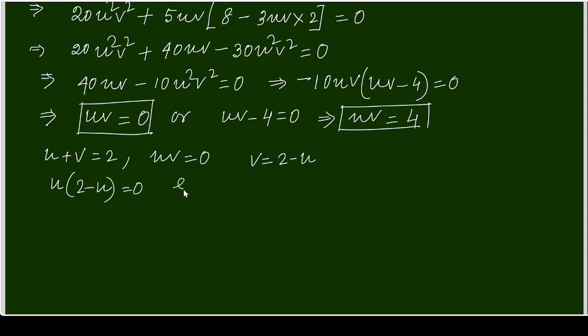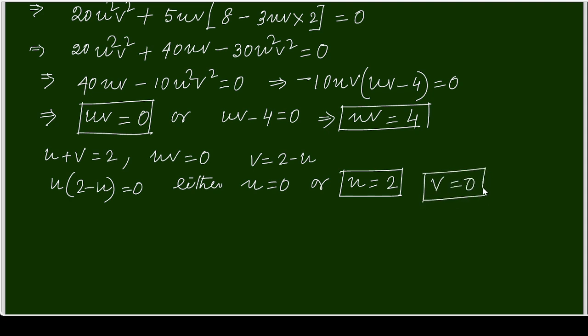So either u is 0 or u is equal to 2. If u is 2, then v is equal to 0. This is one solution.